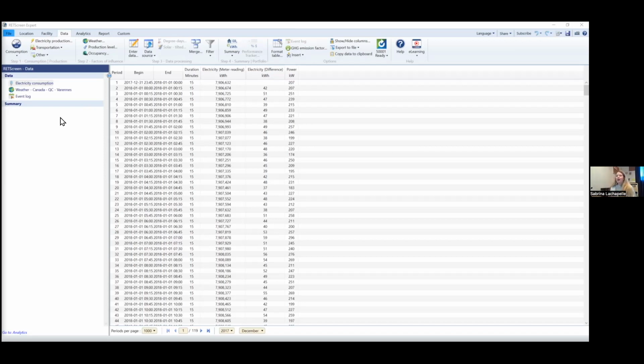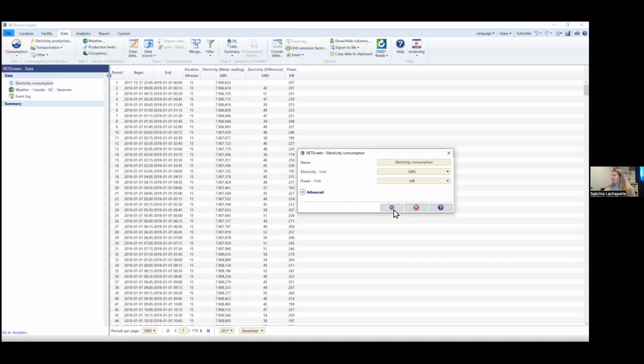So for the past year, we have added some capacities into RETScreen that allow you to connect your data automatically into RETScreen. So I will show you the different types of connectors that we have in the software.